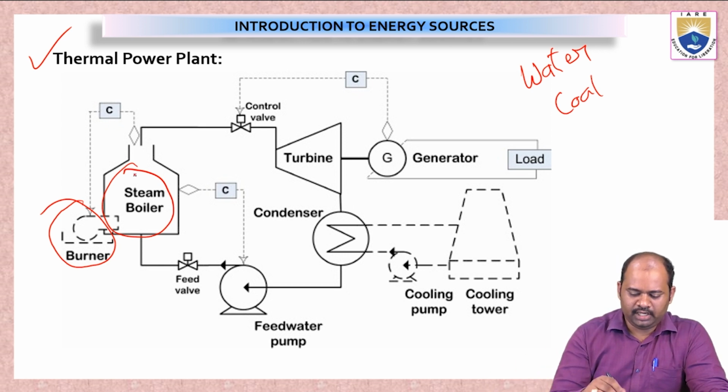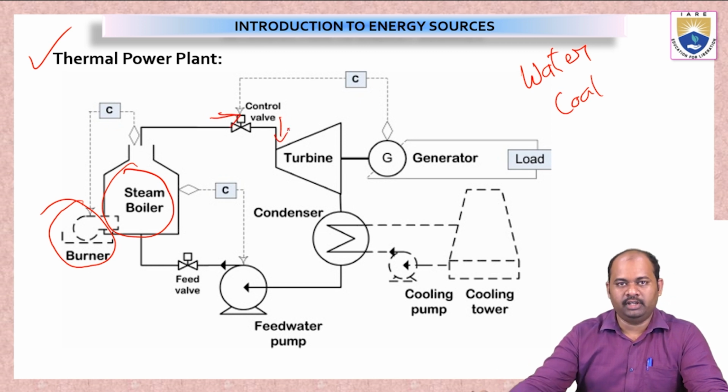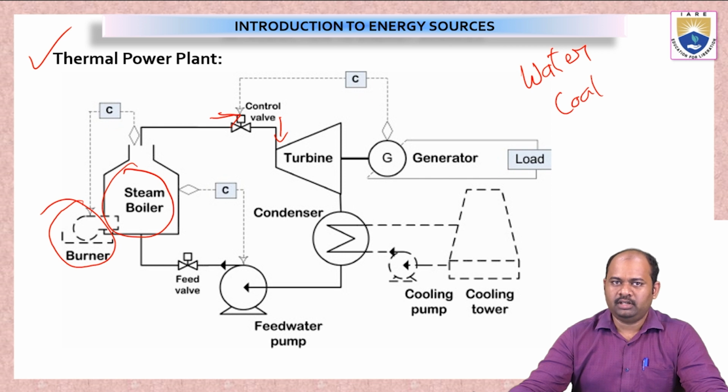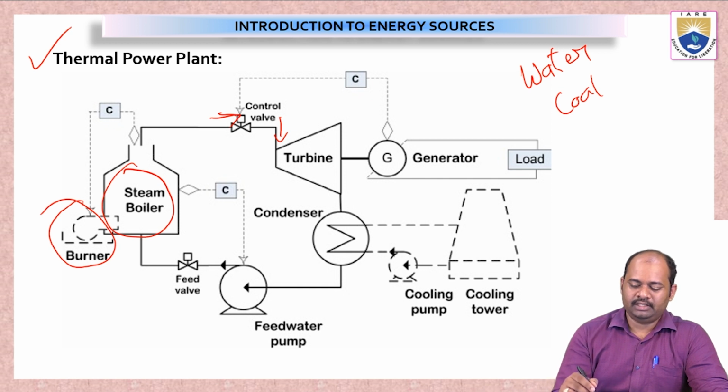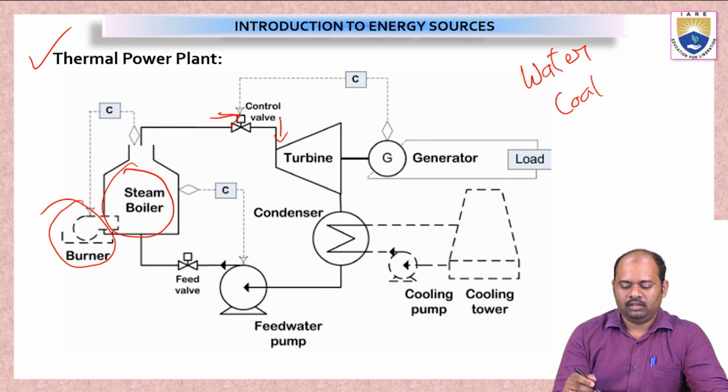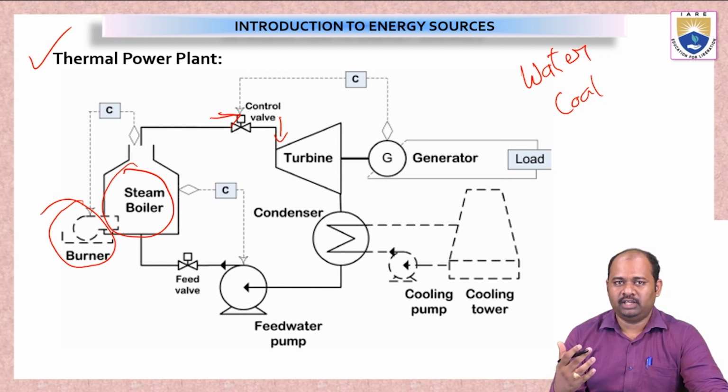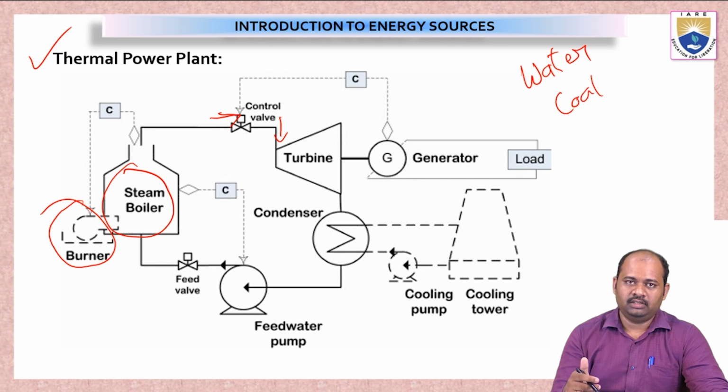Now the steam at very high pressure is sent to the control valve, and there it is sent to the turbine, where the pressure of the steam will make the turbine rotate. If you want to study this in detail, there is a separate course called thermodynamics or applied thermodynamics, where we can study the exact working of these turbines which use steam power.